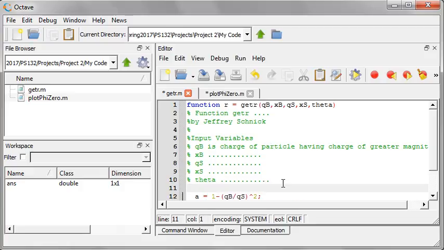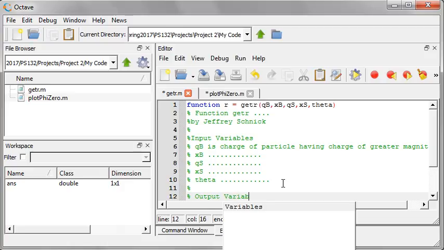And then I create a line there on percent output. And there is just one of those.